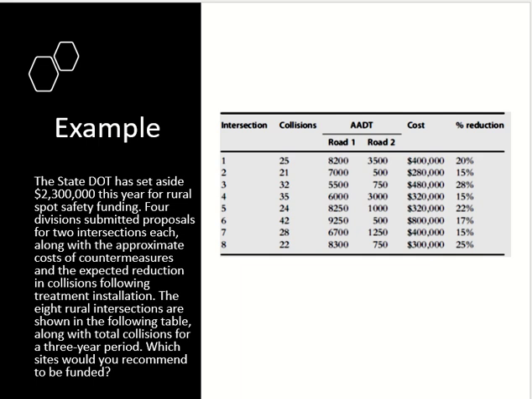So 4 divisions, each division has 2 intersections, total 8. They already calculated how much budget they need on these intersections, and if they do this improvement with the budget, how much reduction in the frequency you can have. So the budget requirement and the expected effect of improvement is also given here.